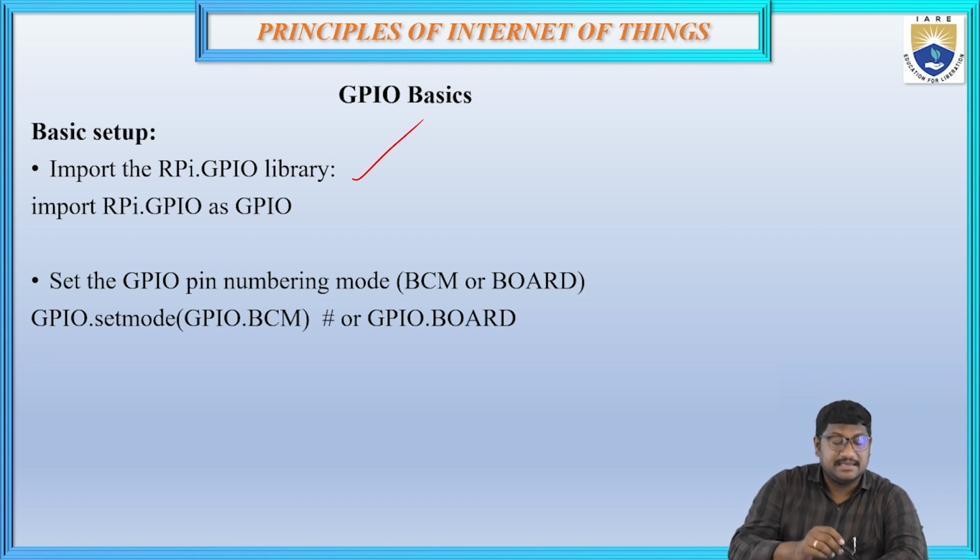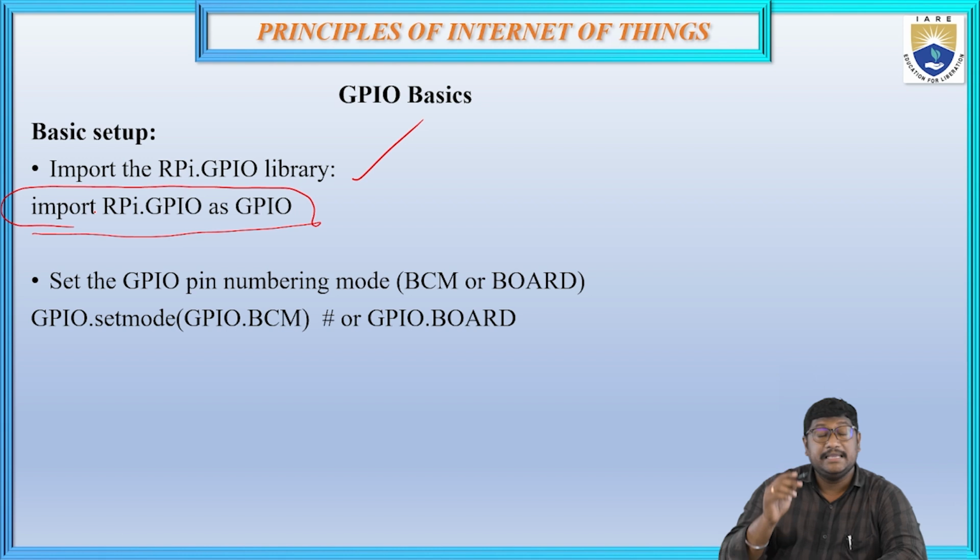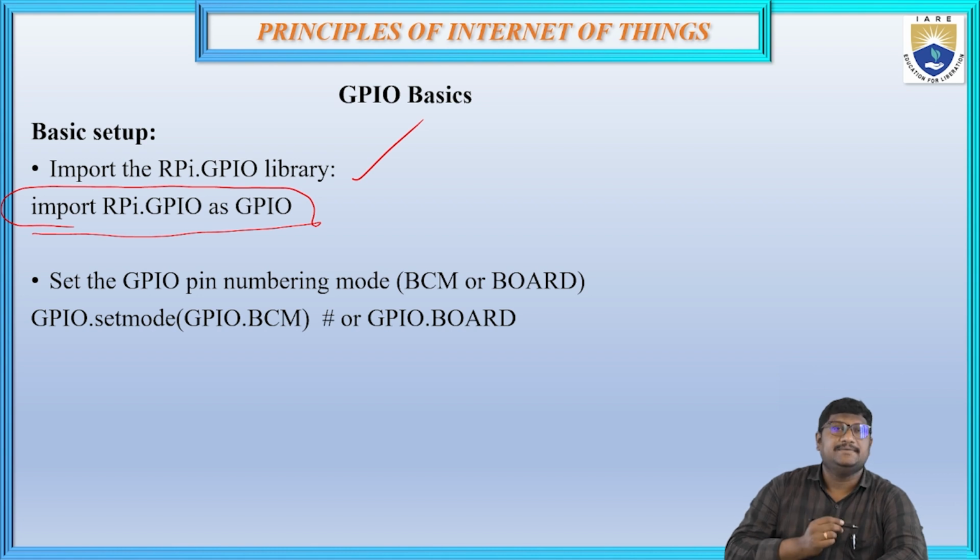To import it, I need to write code in Python: import RPi.GPIO as GPIO. These are the things which are imported into your Python programming console, which is the IDE, right, guys? And for setting up the GPIO pin numbering mode, it is either BCM or board.